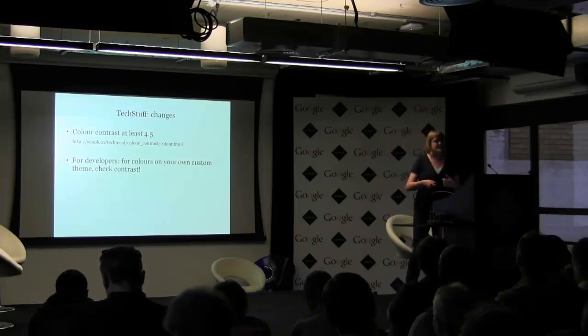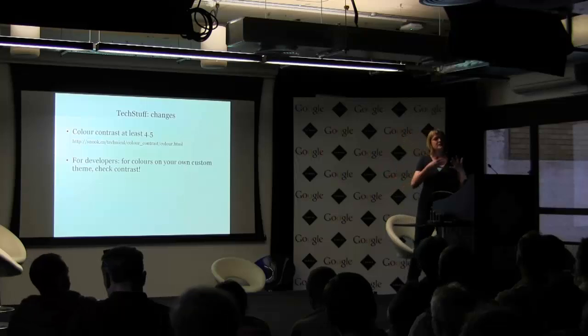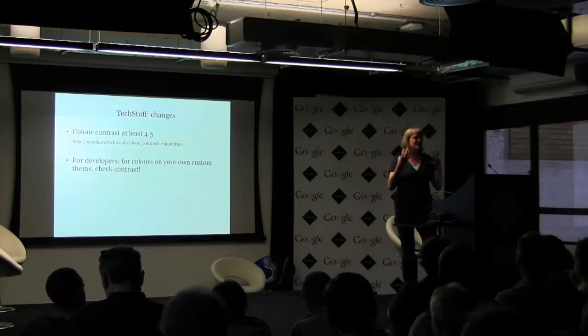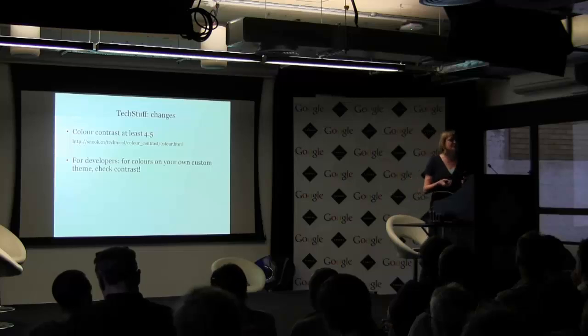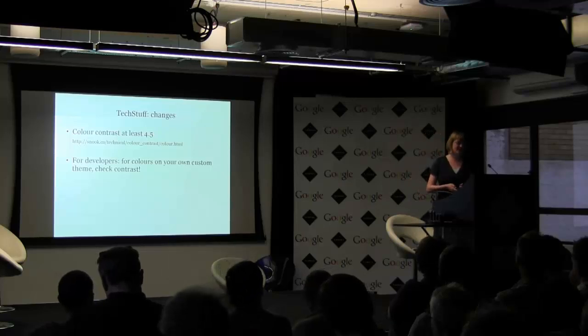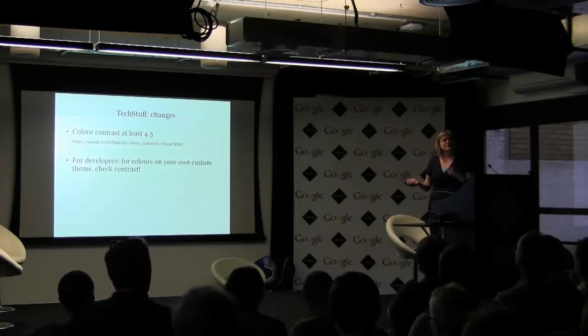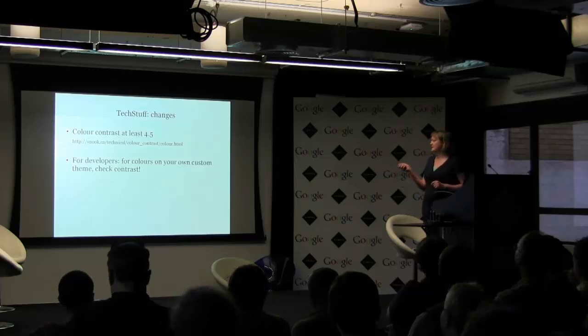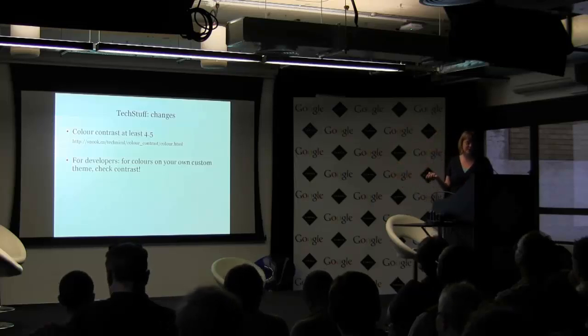Now, Genesis has a tendency for having a design in grey, on grey, on grey. You can't really see that when it's in the sun, or if you have bad eyesight. Well, one remark: please, for the colors on your own custom theme, check contrast.